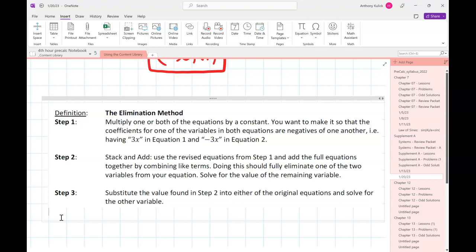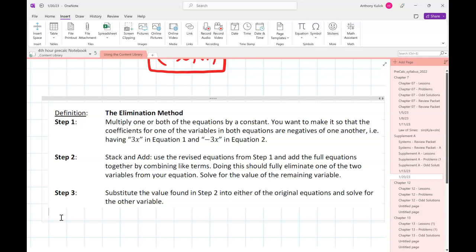Once we've chosen that variable, we're going to multiply one or both of our equations by some constants, possibly different, so that the variable that I'm trying to eliminate has opposite coefficients. For example, if one of my equations has 3x, I want the other equation to have negative 3x. Okay with that idea?